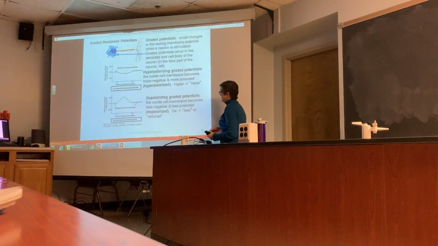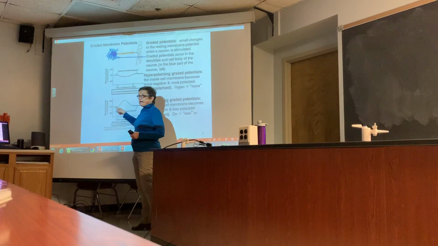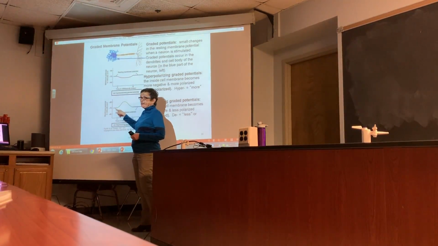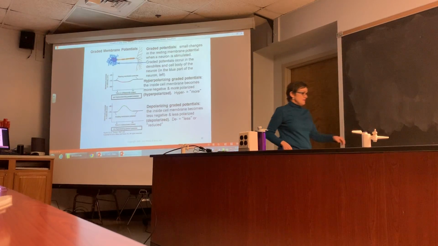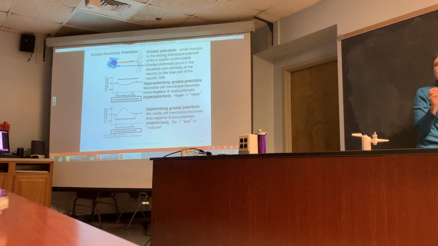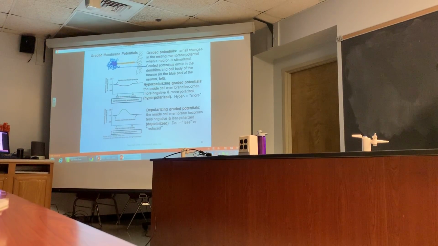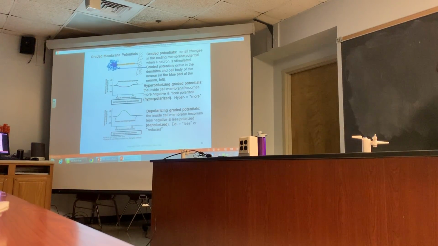Now remember that we talked about last time, the resting membrane potential in a neuron is around negative 70 millivolts. And as I mentioned, that means that if you're looking at the plasma membrane of the neuron, the inside of the membrane is more negative than the outside.